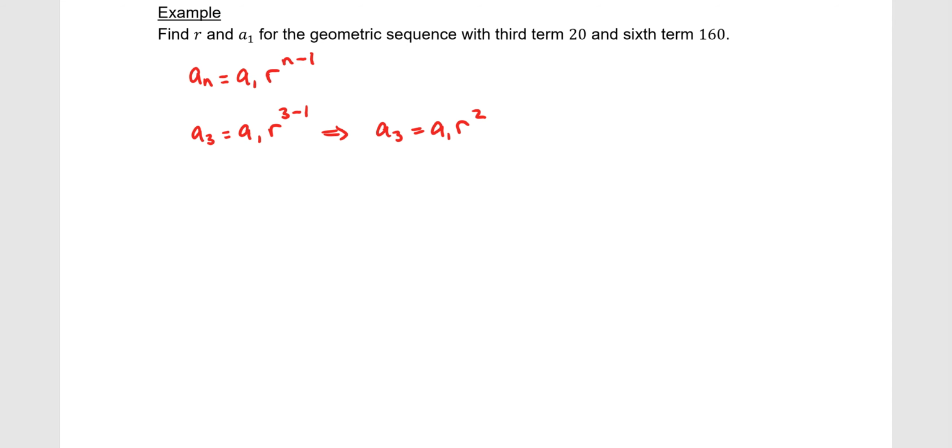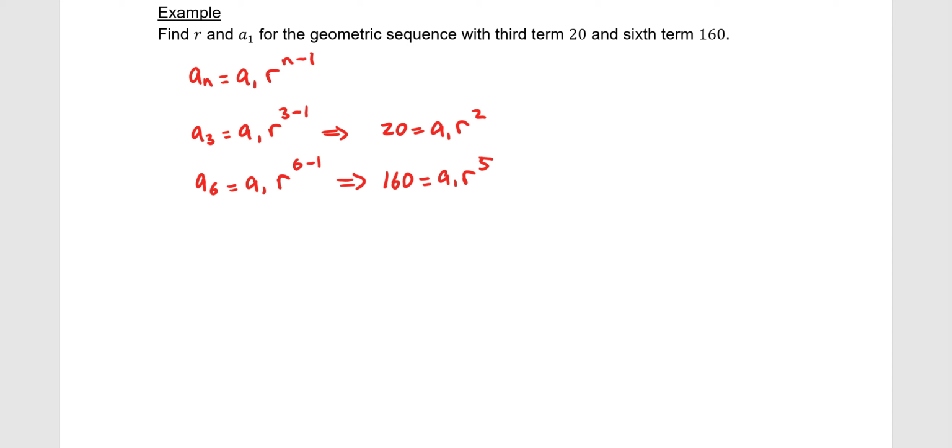Then let's see the same thing for the sixth term. a sub 6 equals a sub 1 times r to the 6 minus 1, which means a sub 6 equals a sub 1 times r to the 5th. One more thing we can plug in here: we know a sub 3 is 20 because they gave it to us, and we know a sub 6 is 160.